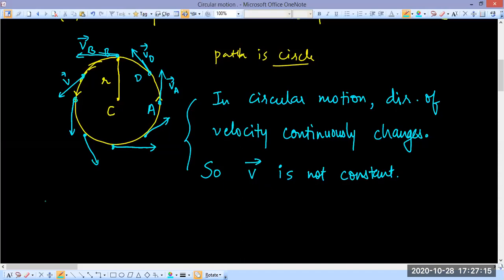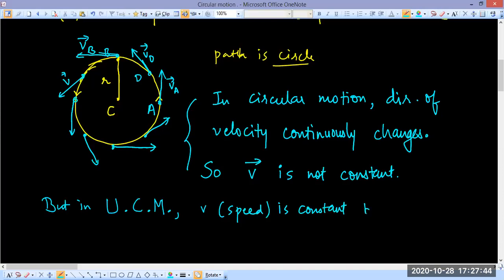Okay, but in uniform circular motion, UCM, in uniform circular motion, V is constant, speed, right? V, that is speed, is constant, but not direction, as you can clearly see, right?